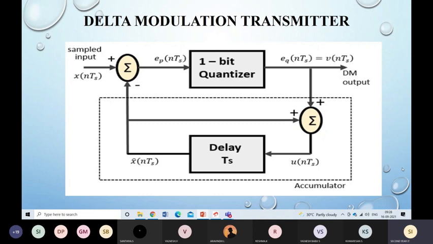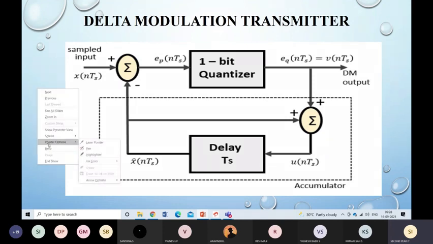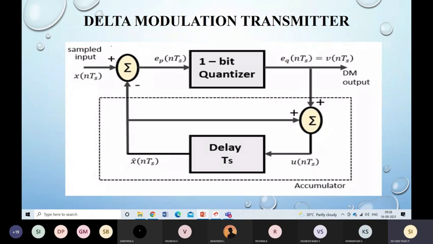Right. So here I will give an example. First I'm going to take some value, 2.3. So how are we going to transmit in delta modulation?